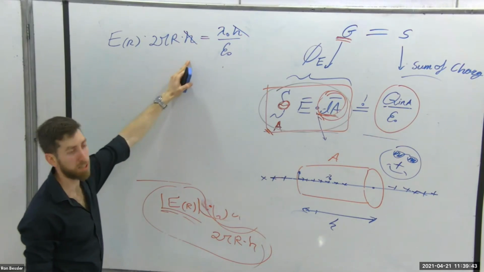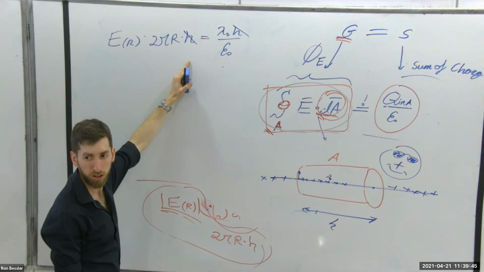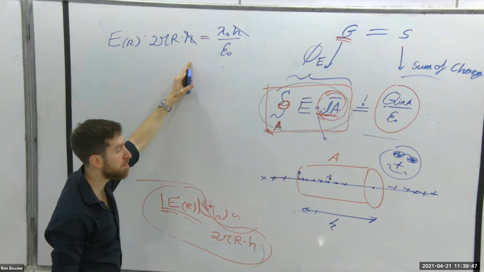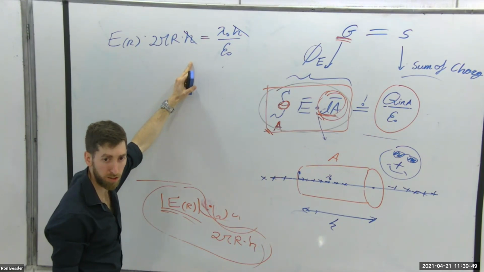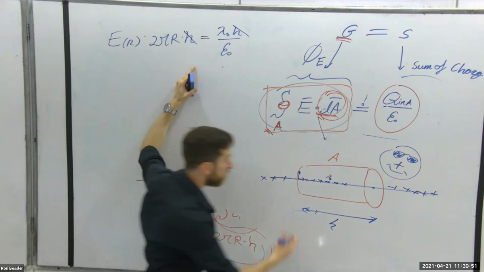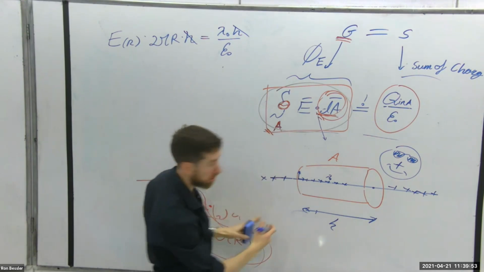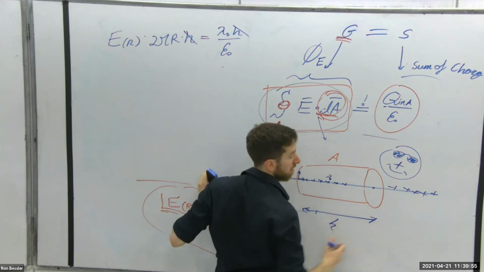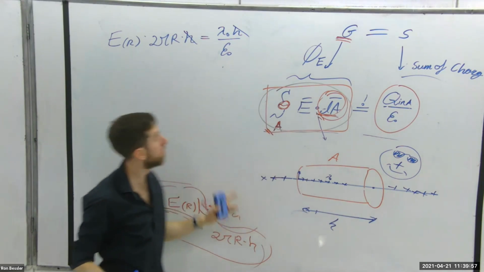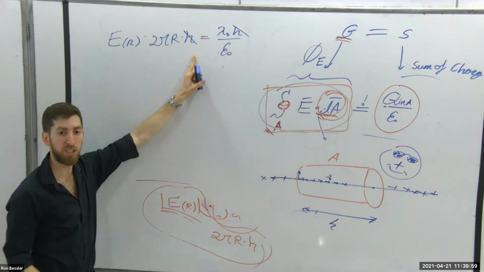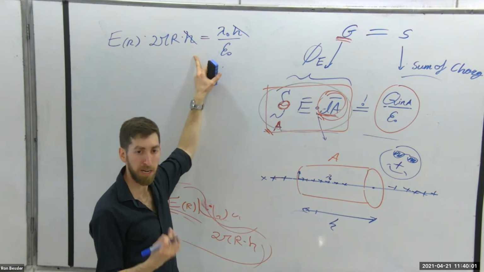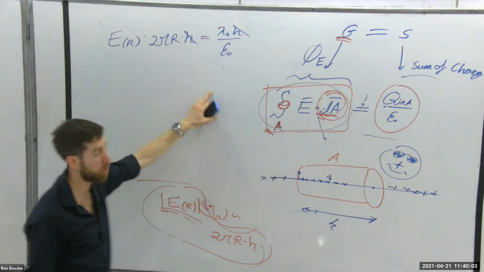What does it say that H dies out? We don't need the length. My imaginary cylinder could be at every height that I want, whatever I want. Doesn't matter.